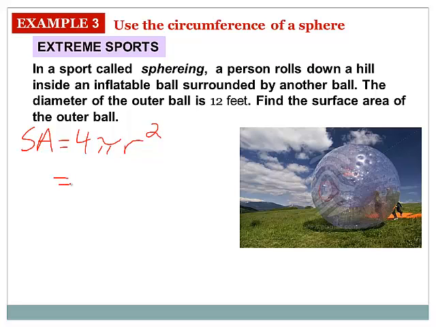Let's plug in what we know. We know our 4 and pi. Remember, it says the diameter of the outer ball is 12 feet. So I need to do 12 divided by 2, because r is going to equal 12 divided by 2, so r is going to equal 6. Plug it in here, so I'm going to have r squared, which is 6 squared.